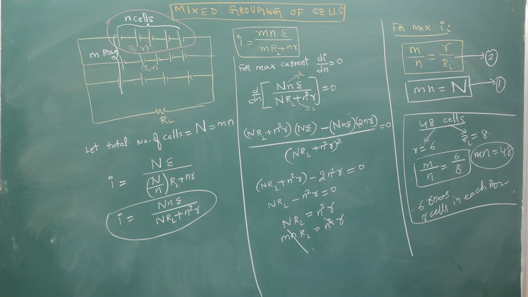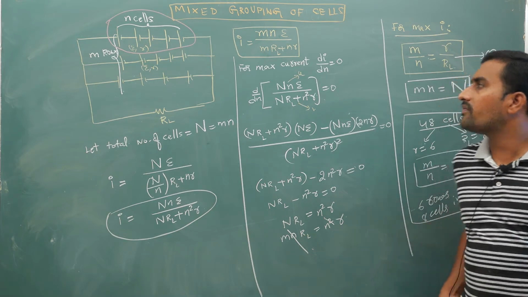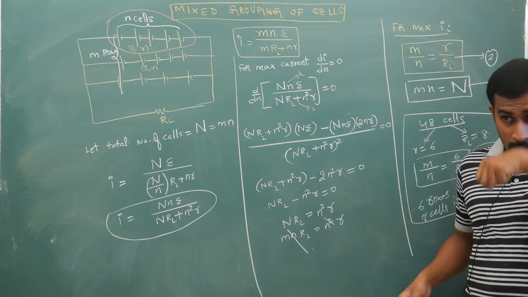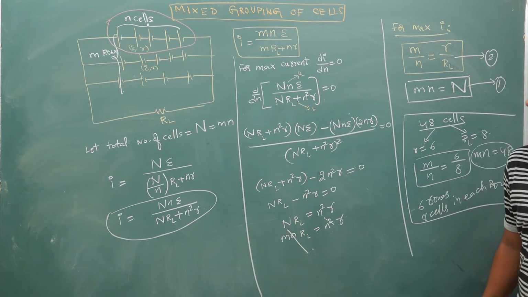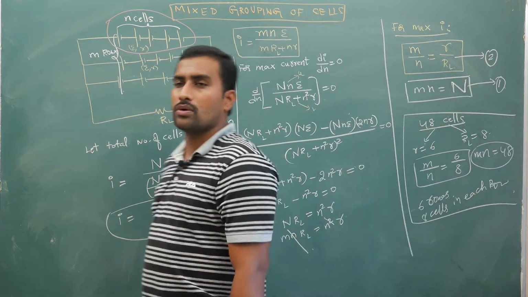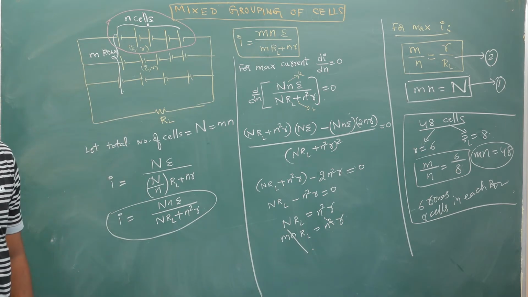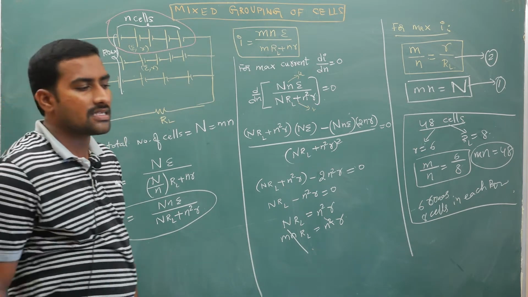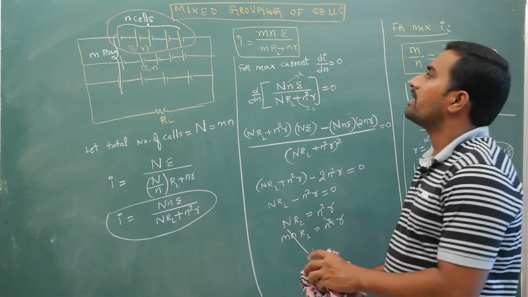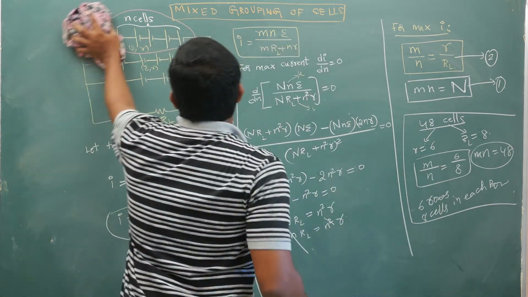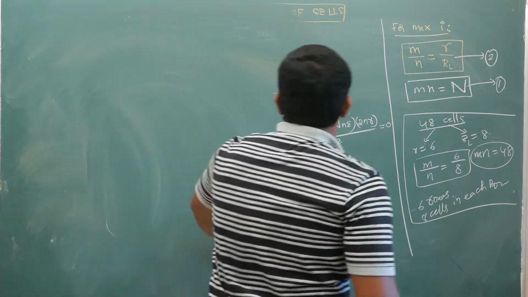Now coming to the next part, the last part is if you are given two cells E1 R1. So far we have done identical cells calculation. Now I am going to take two different cells, with EMFs E1 with internal resistance R1, and E2 with internal resistance R2, and I am going to calculate the equivalent cell, whose equivalent EMF and equivalent internal resistance I am going to calculate.